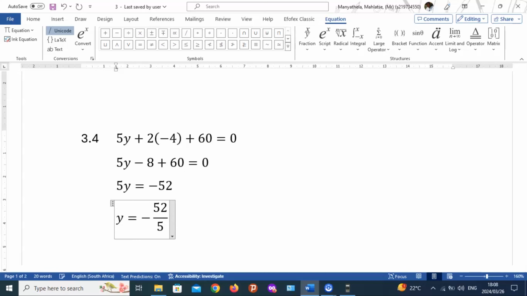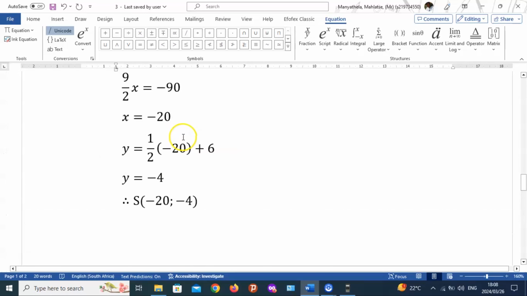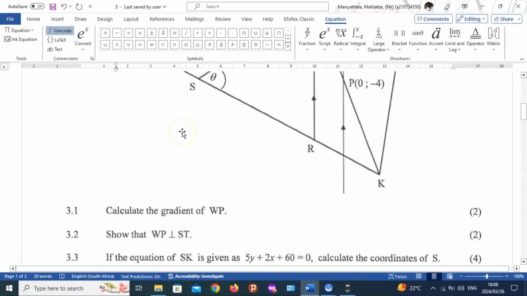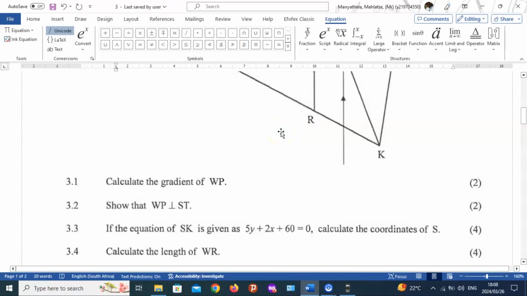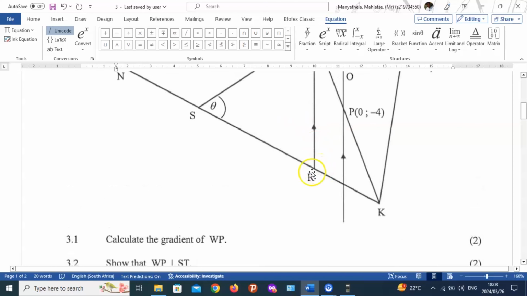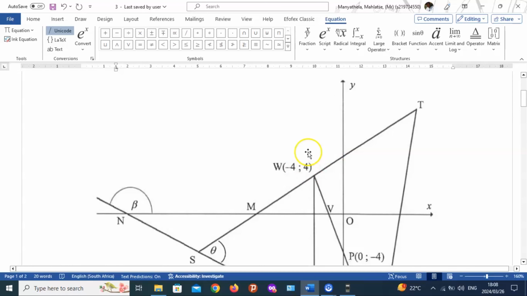The question was saying, determine the length of WR. If you are finding the length, you disregard the negative.